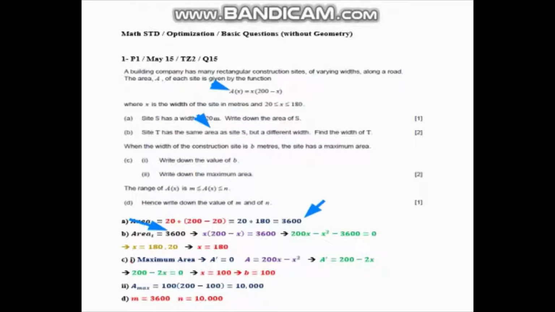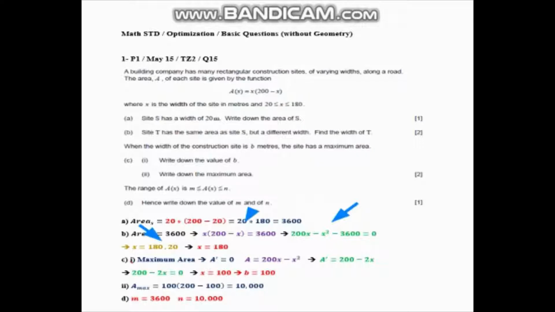I now need to find the value of x. So I shall simply plug 3,600 into this equation and equate to x times 200 minus x, as you can see in purple, and I shall expand and solve, getting these two possible values of x.